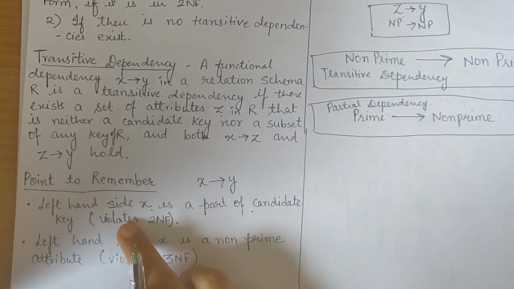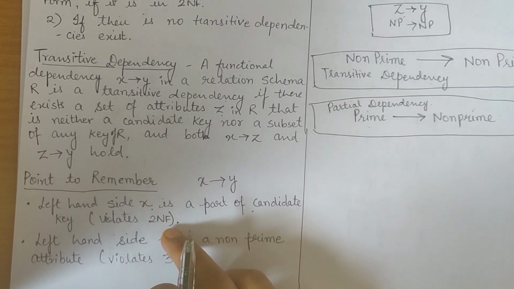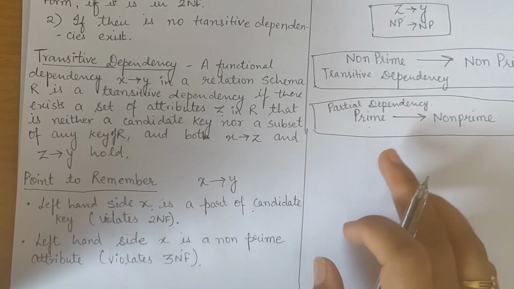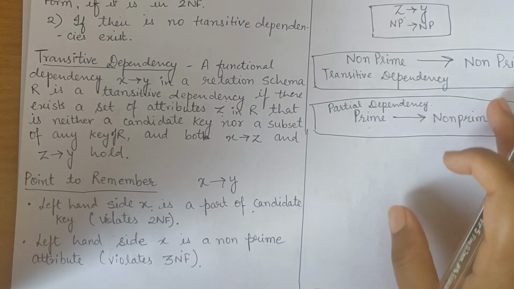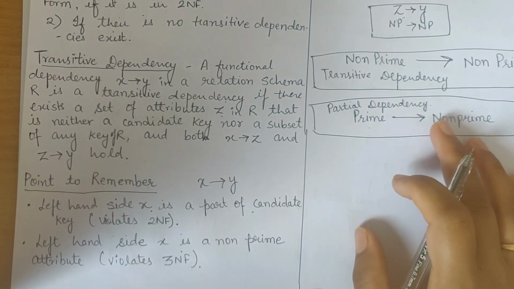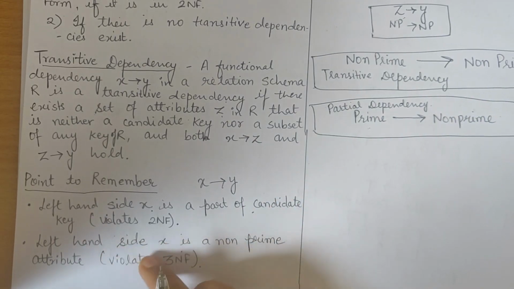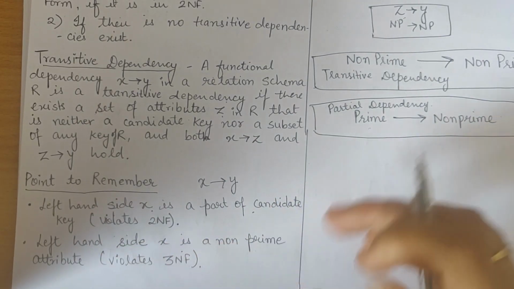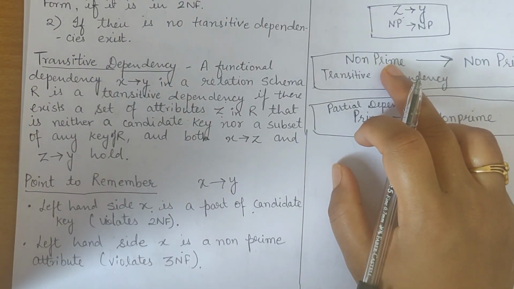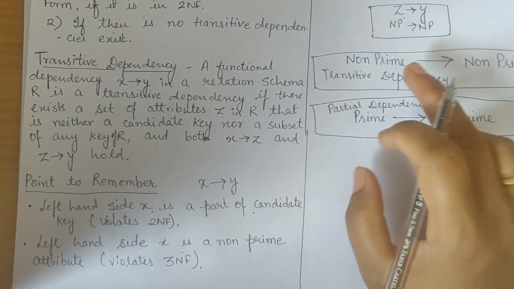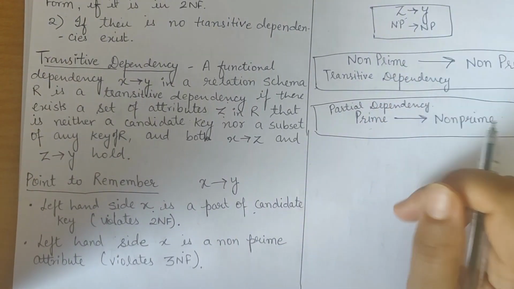It is violating the condition of second NF, that means partial dependency. So we don't want left hand side prime and right hand side non-prime. If it is so, it is a case of partial dependency. Another thing, if the left hand side X is a non-prime attribute and it is determining something, it is a case of transitive dependency. This also I don't want.